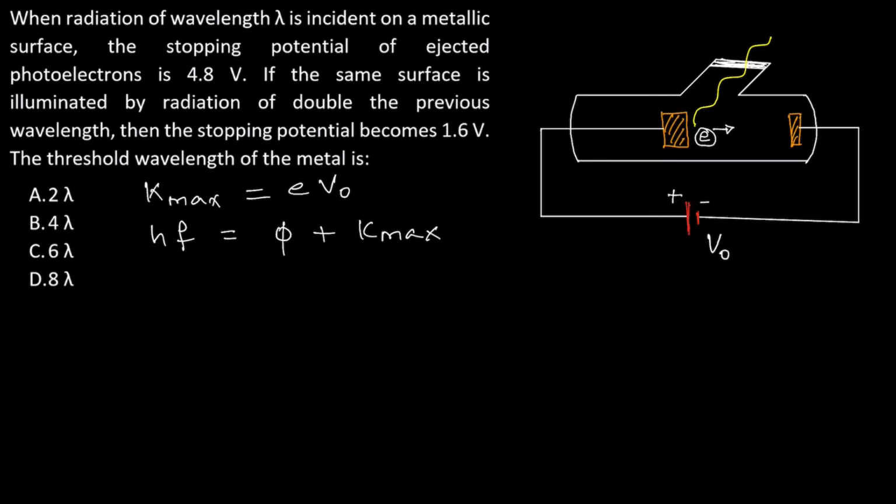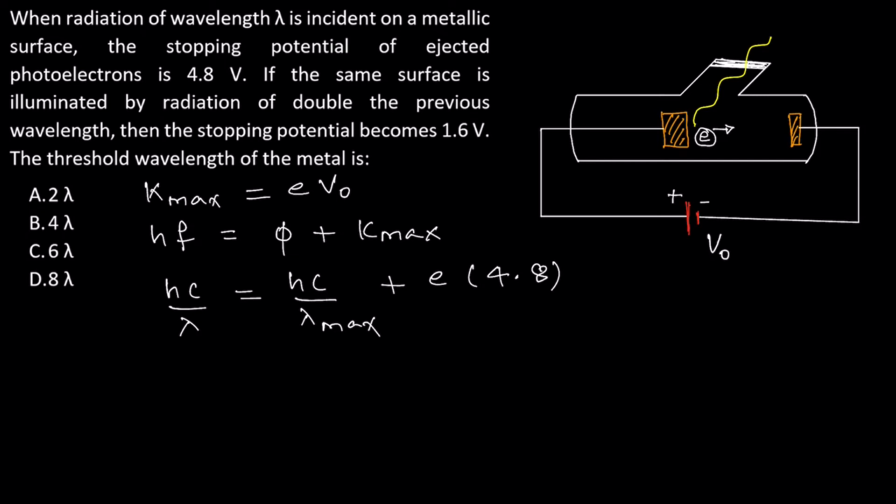Since we are trying to find the threshold wavelength, let's write everything in terms of wavelength. On the left hand side we have hc by lambda, and work function is hc by lambda max. Maximum kinetic energy is e into V naught. So in the first case, when the wavelength is lambda, the stopping potential is 4.8.